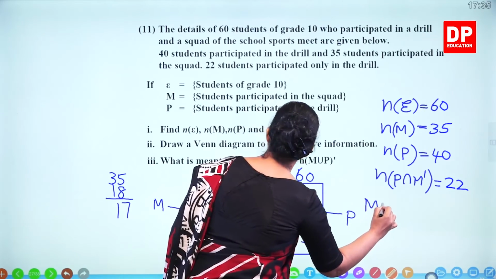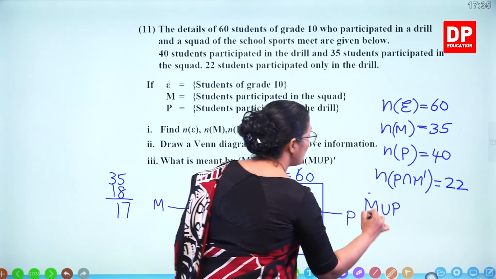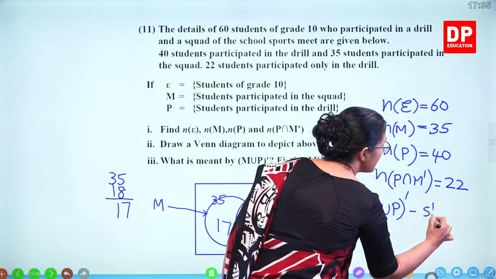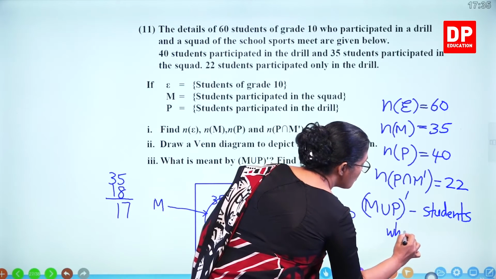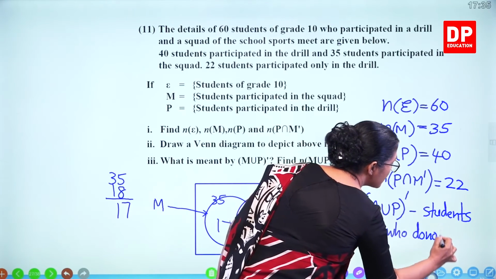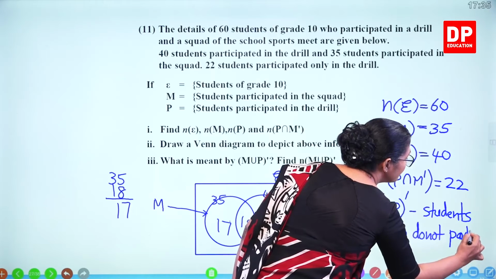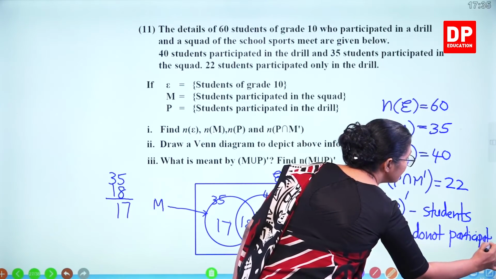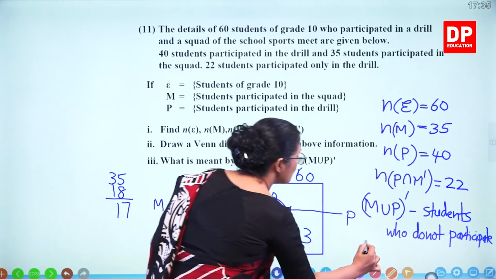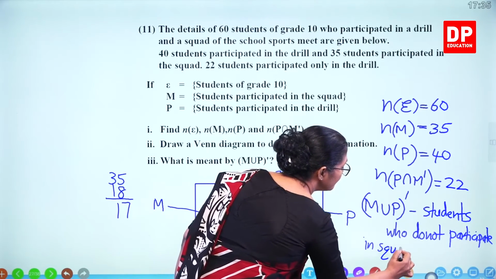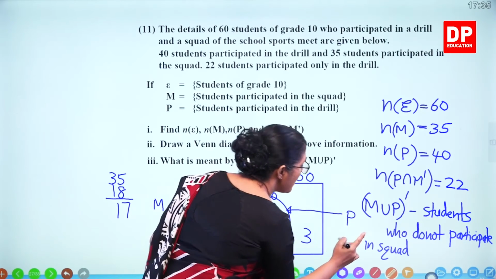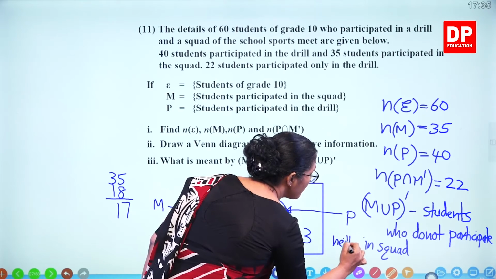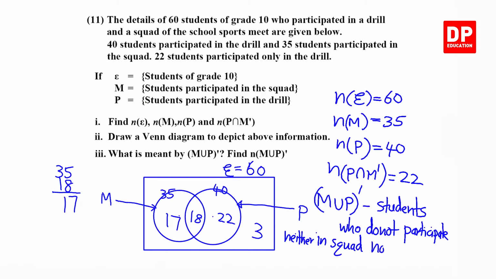M union P dash, whole thing dash, means students who do not participate neither in squad nor in drill.